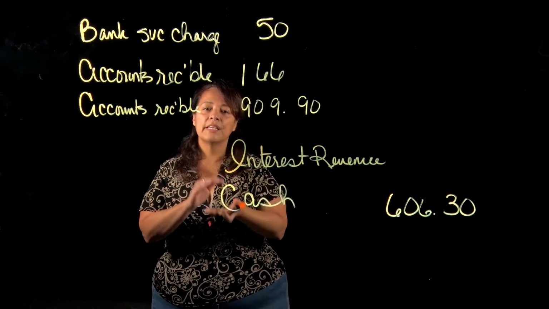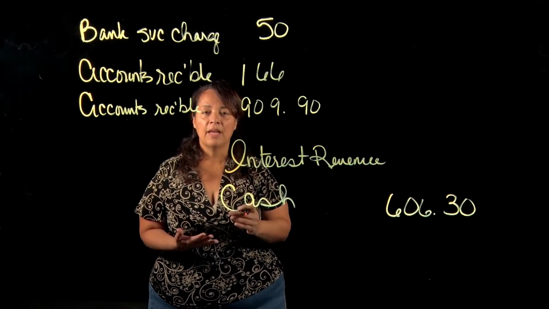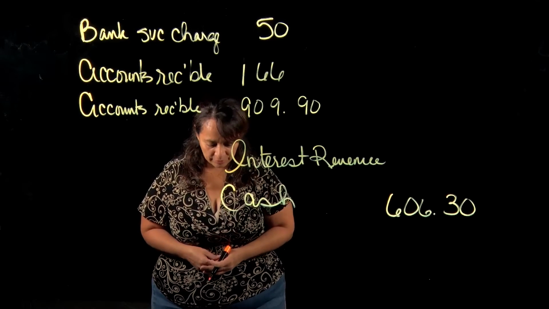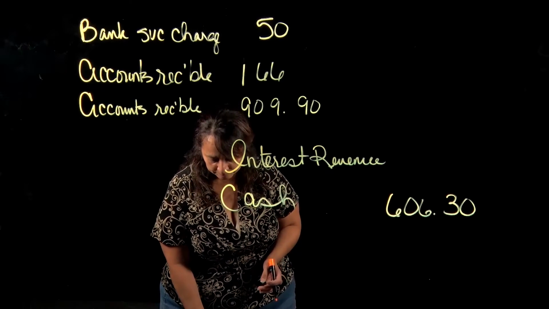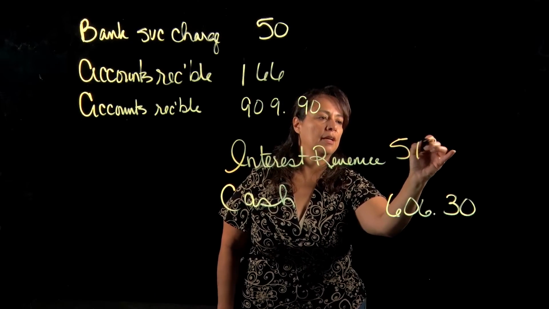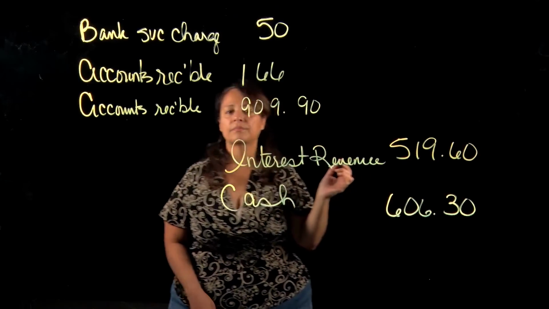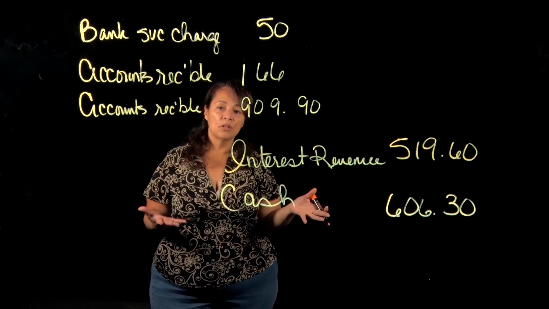And we can credit the entire amount together, the one from the municipal bonds and the one from having our checking account with that bank. And that total was $519.60.